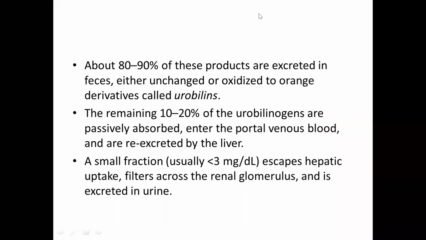Now after this, what is happening? Nearly 80% to 90% of urobilinogen is excreted in the feces either unchanged, or it gets oxidized to orange colored derivatives called urobilins.